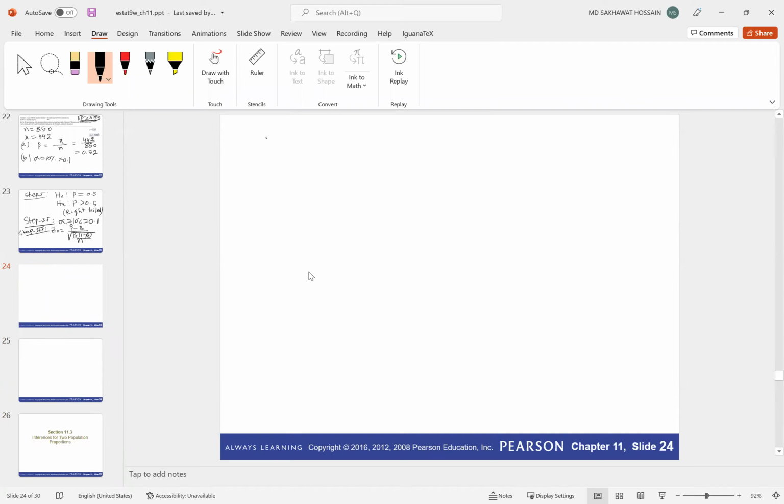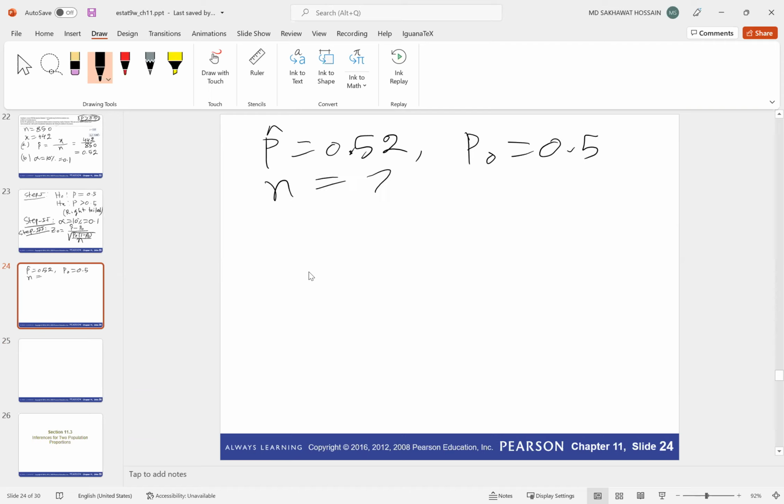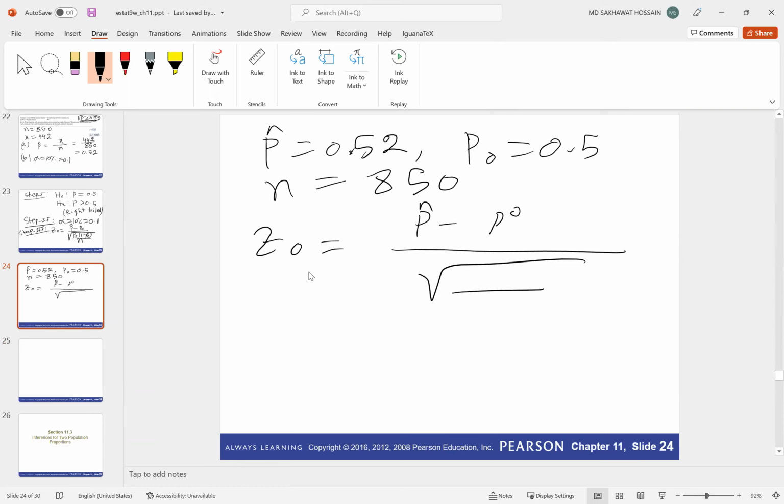Okay, so now we know the p hat. P hat is 0.52, and we know the p0, which is 0.5, and we know the sample size, which is 850. So now you need to calculate the z observed, which is p hat minus p0 over square root of p0 times 1 minus p0 over n. Now plug in all the numbers here.